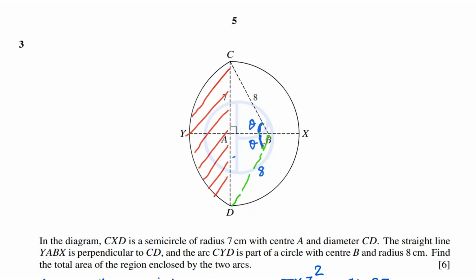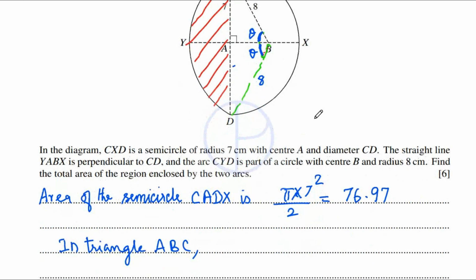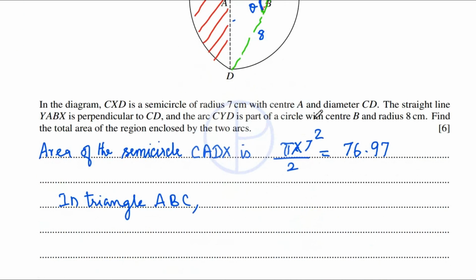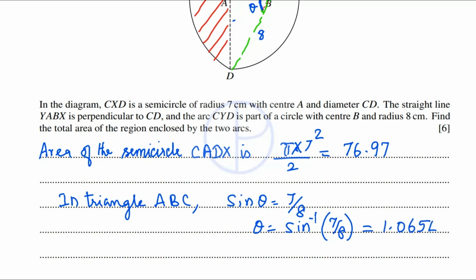It is the radius of the circle with the center B. In triangle ABC, sine theta is equal to 7/8, or theta is equal to sine inverse of 7/8, which is equal to 1.0654.